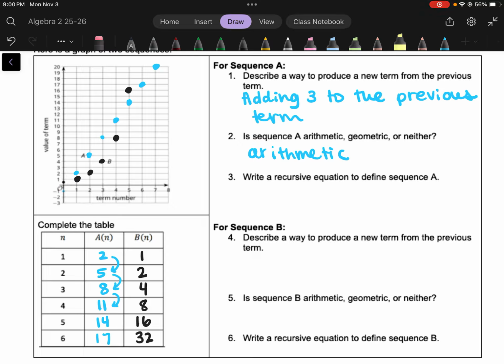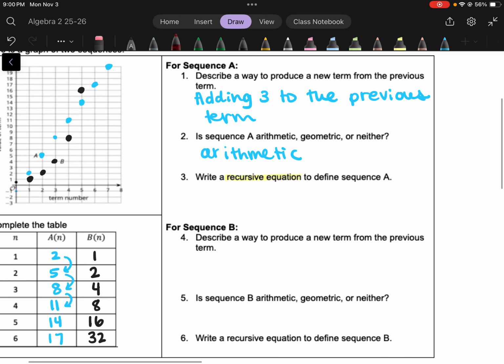We're going to write a recursive equation to define sequence A. So remember, recursive just means you need the previous term in the equation, or you need the previous term notation with the adding 3. So again, that recursive formula in general, I'll write this over to the side in red.